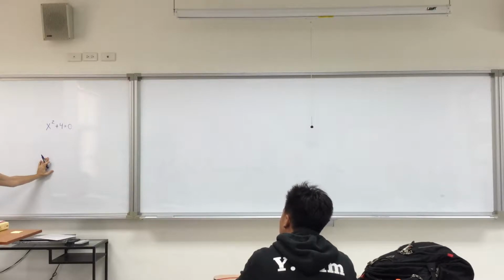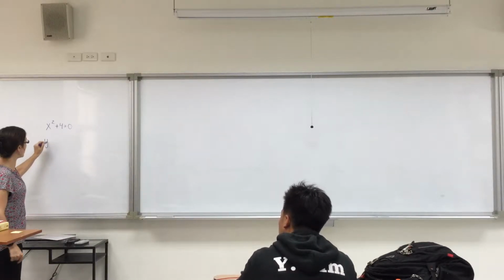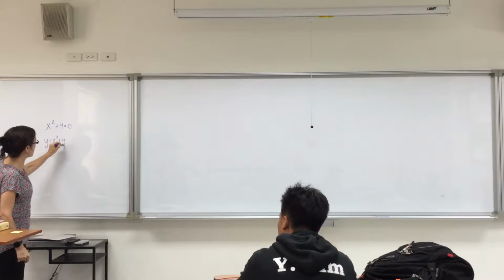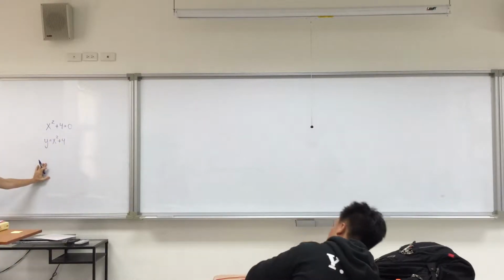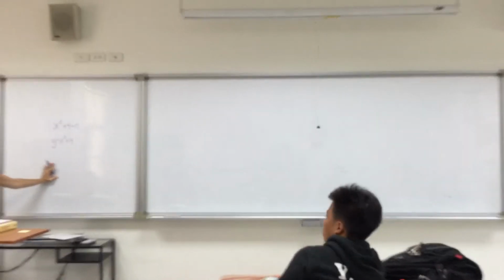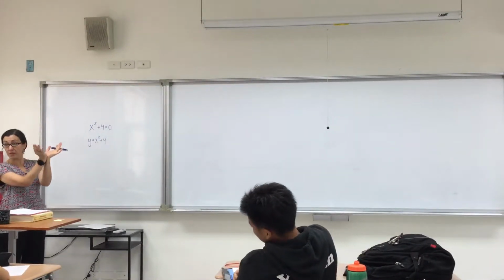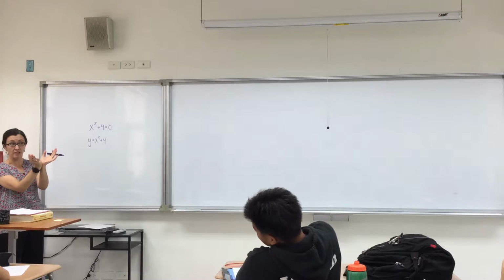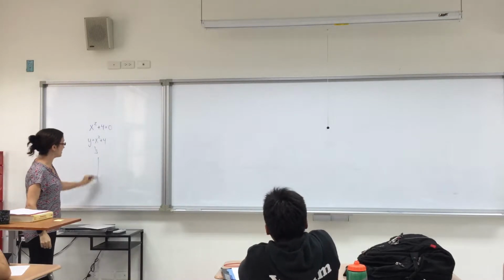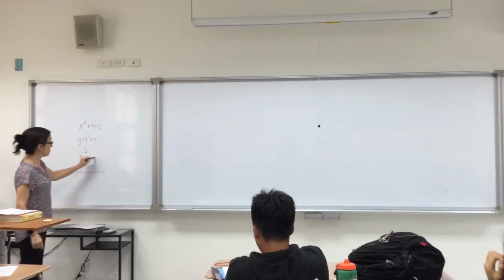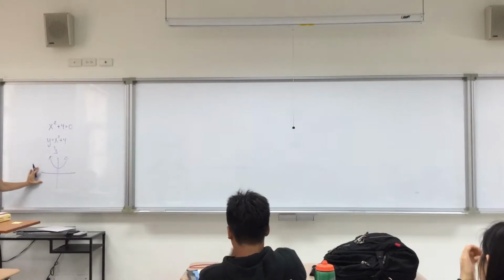So if this was y equals x squared plus 4 and you graphed it, what does that parabola look like? Opening up, above the axis, right? So this has no real solutions, but it does have complex solutions.